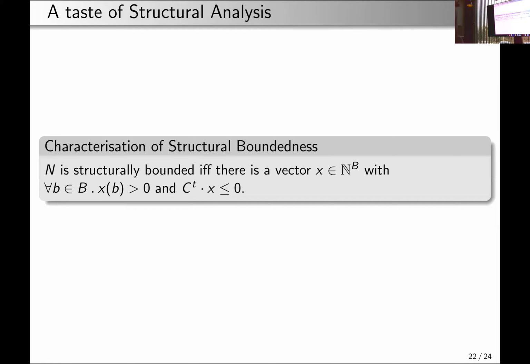And this kind of thing is what you can do with structural analysis, right? Turns out the net is structurally bounded if I can find a vector that has no null components, all components are strictly positive, and it solves the following system of inequations.